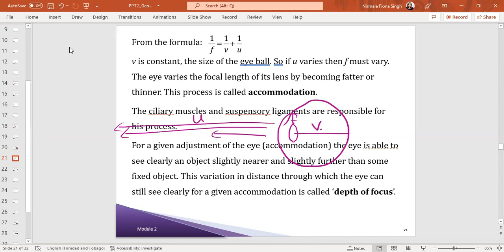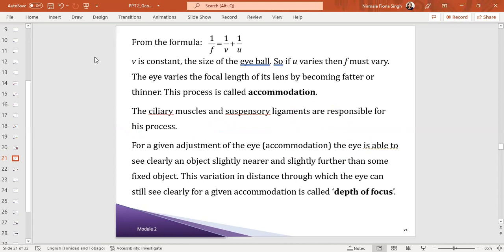If u varies, then f must vary. The eye varies the focal length of its lens by becoming fatter or thinner, and this is called accommodation. So the process of changing from close to far, viewing from near to far, is called accommodation. The ciliary muscles and the suspensory ligaments are responsible for this process.